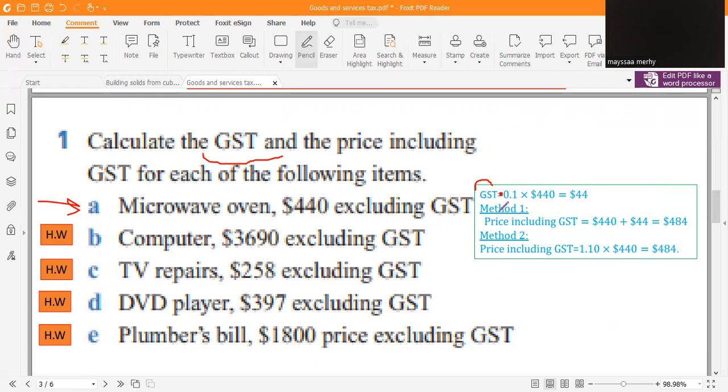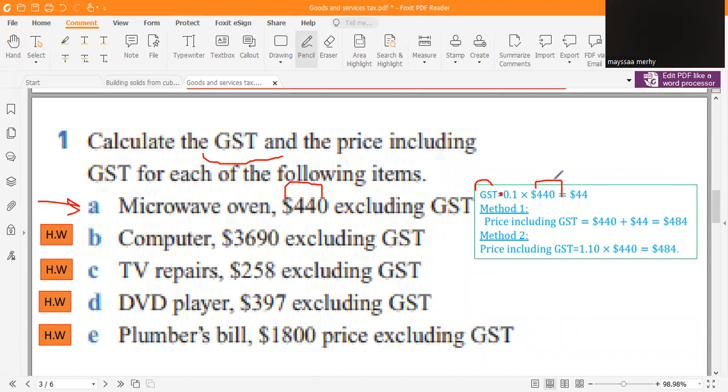We can use different methods. If we want to calculate just the GST, we calculate first the GST equal to 0.1 times the price excluding GST. We have here $440 as a price excluding GST for the microwave oven.